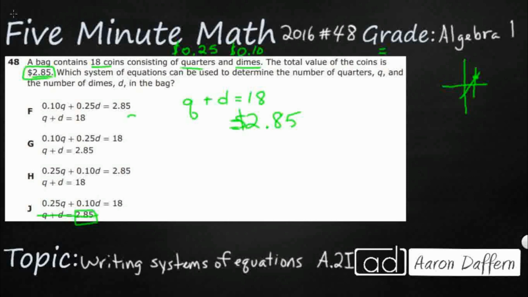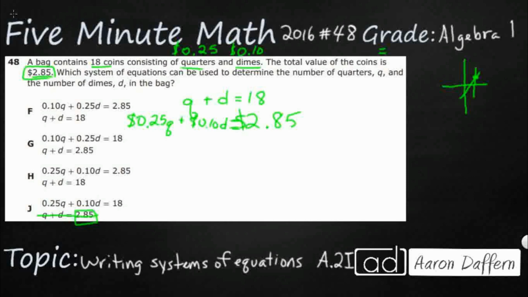So how much is each quarter worth? Well, each quarter is worth 25 cents. So 25 cents multiplied by the amount of quarters we have. We still don't know how many quarters we have. It's somewhere between 0 and 18, right? But if we multiply each of those quarters by 25 cents, and then we multiplied each of those dimes by 10 cents, because dimes are worth 10 cents, and we added up those values, we would get $2.85.